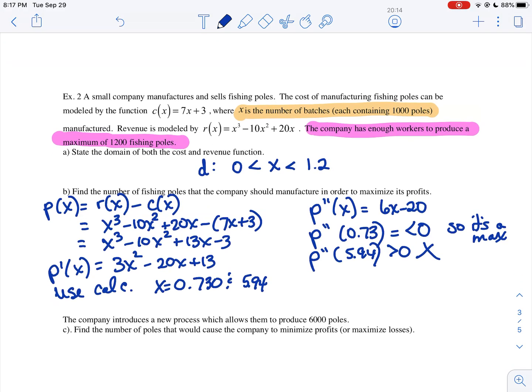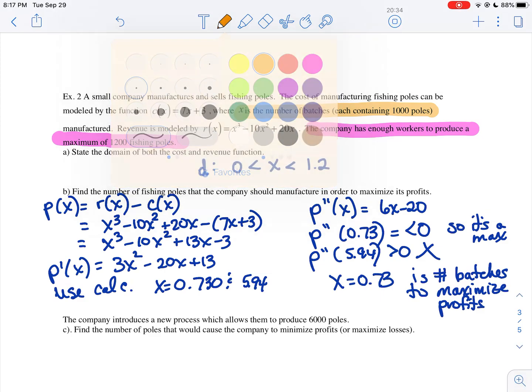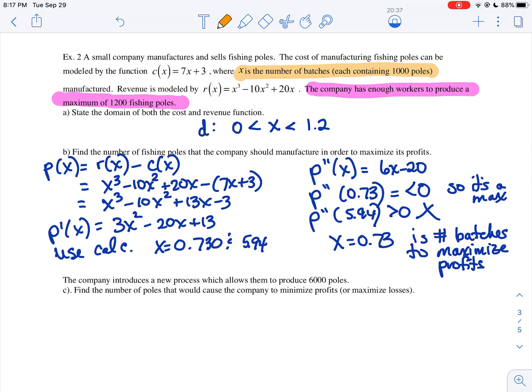Okay. So then x equals 0.73 is the number of batches to maximize profits. Now, how many fishing poles is that? Well, that would be 730 fishing poles.